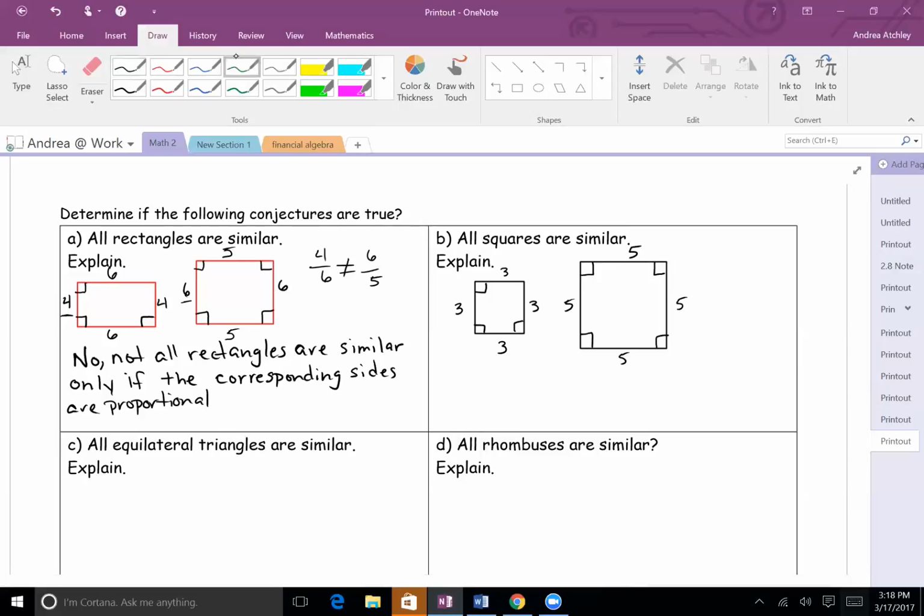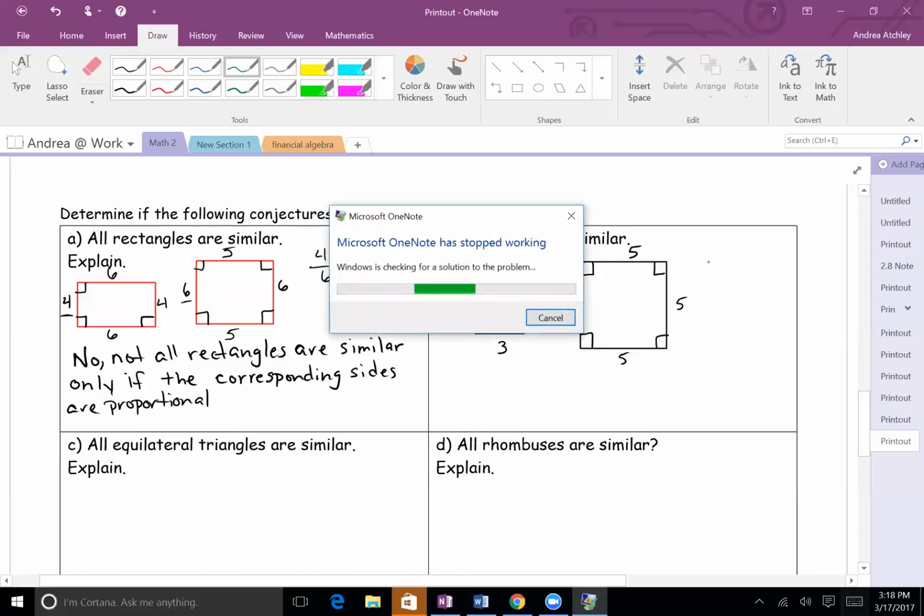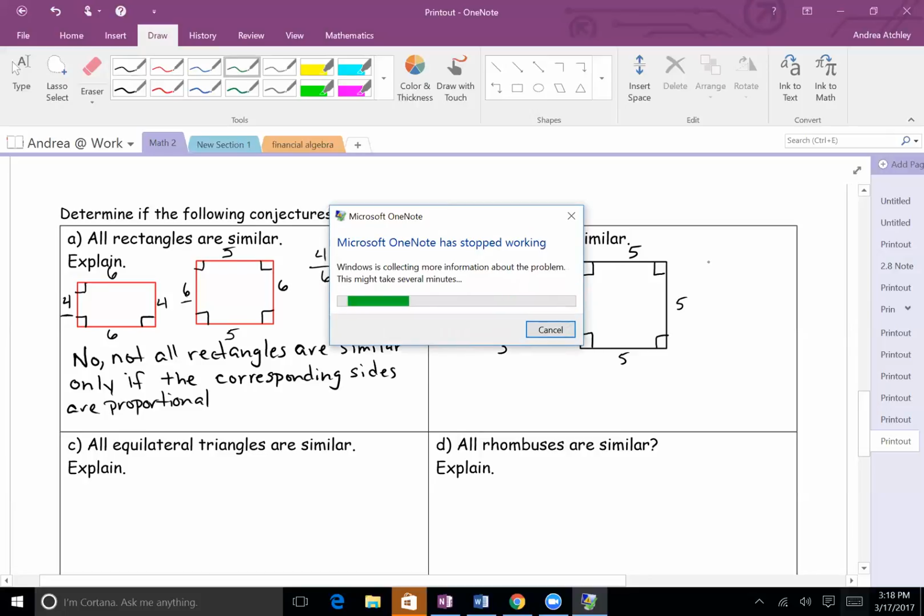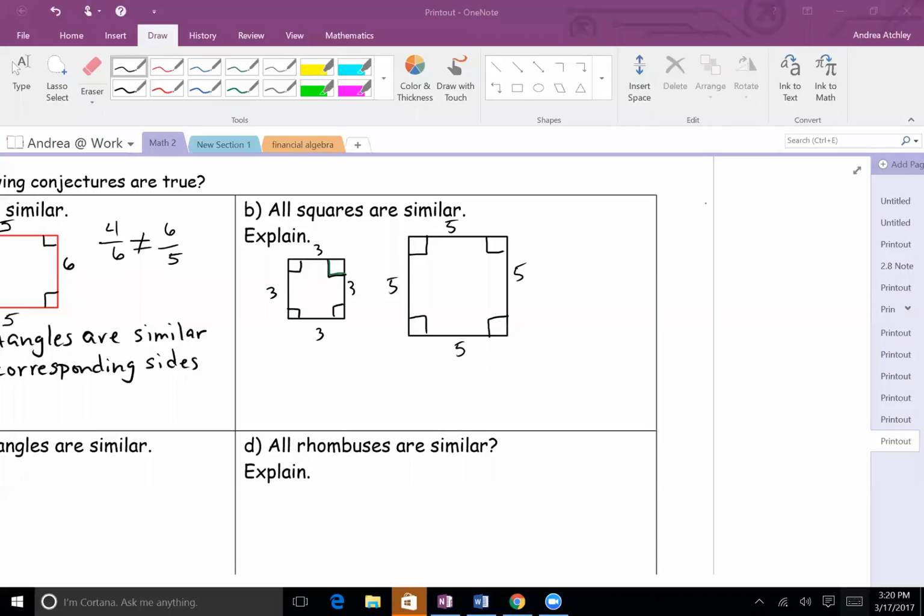So if we put our corresponding sides of 3 and 5, is that equal to the other corresponding sides of 3 and 5?